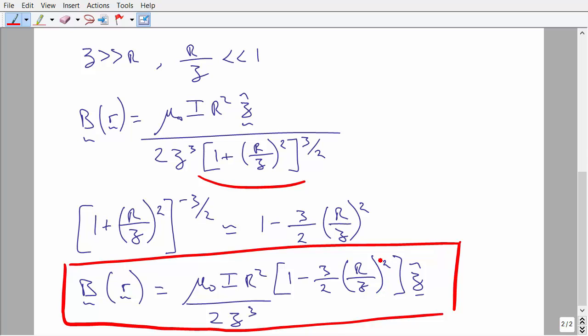If we were to work in the small z limit, where it is z on r which is the small parameter, all we would do would be to interchange z and r. So this would become r cubed, and this would become z divided by r squared. So let's write down those two results in those two limits, and then have a look at some symmetries and see what we can learn.